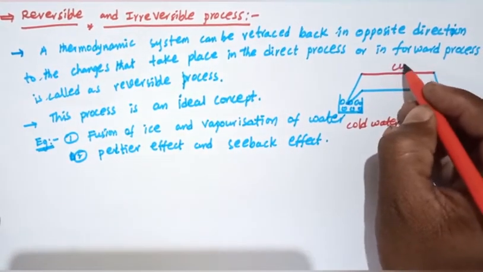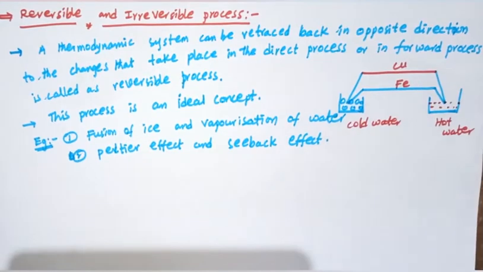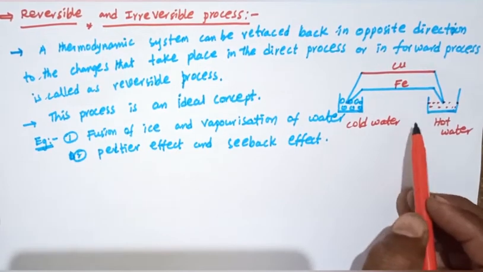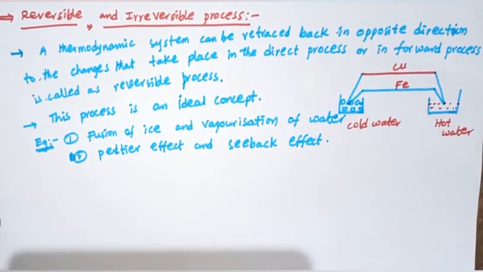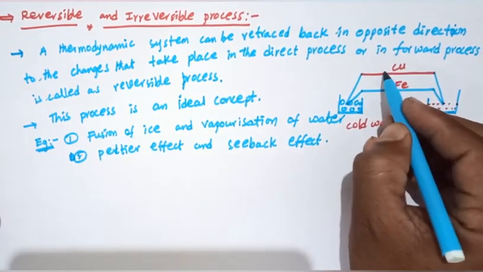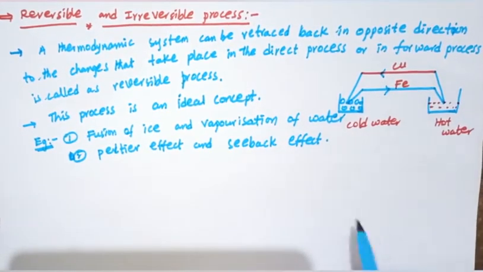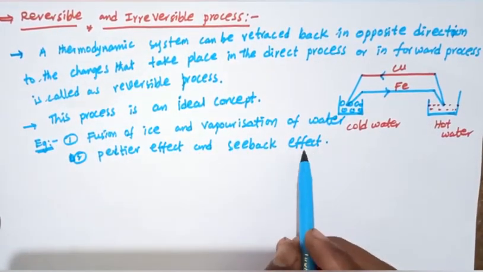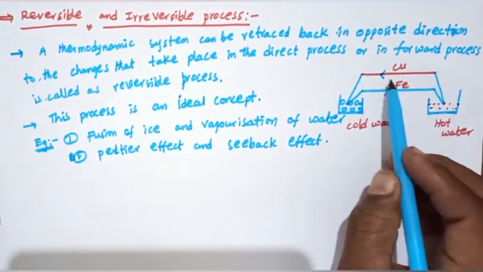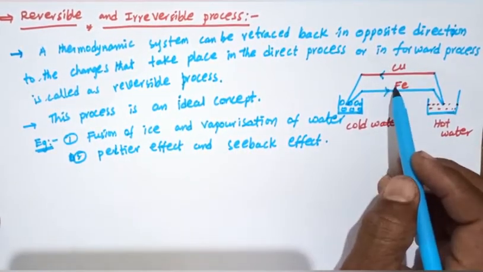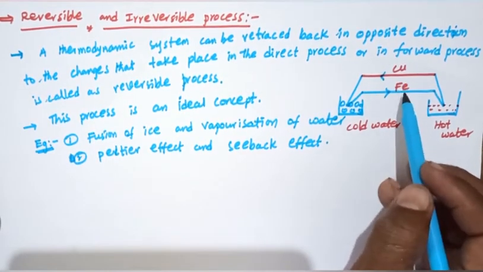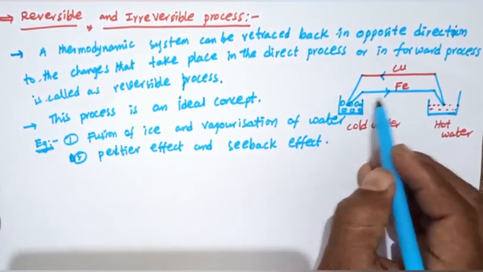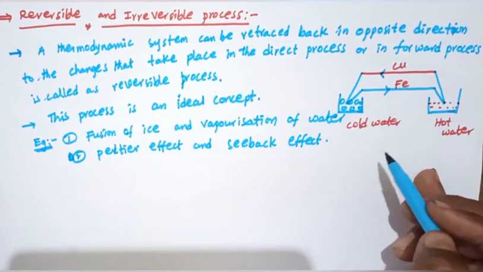For example, this is a copper wire and this is an iron wire. When there is hot water and cold water, the temperature difference is large, and then a current passes. Such an effect is called the Seebeck effect. In the Seebeck effect, two different wires are taken, such as copper and iron, or copper and aluminium. The wires are combined at two junctions.